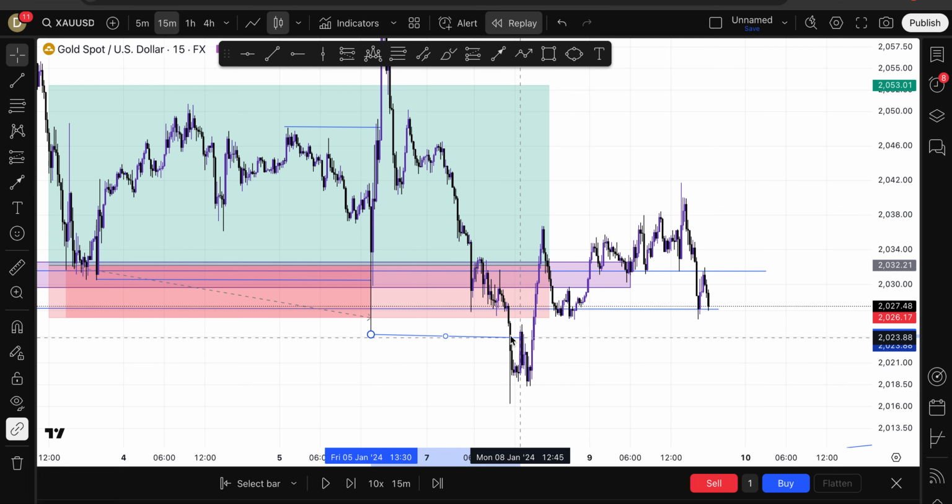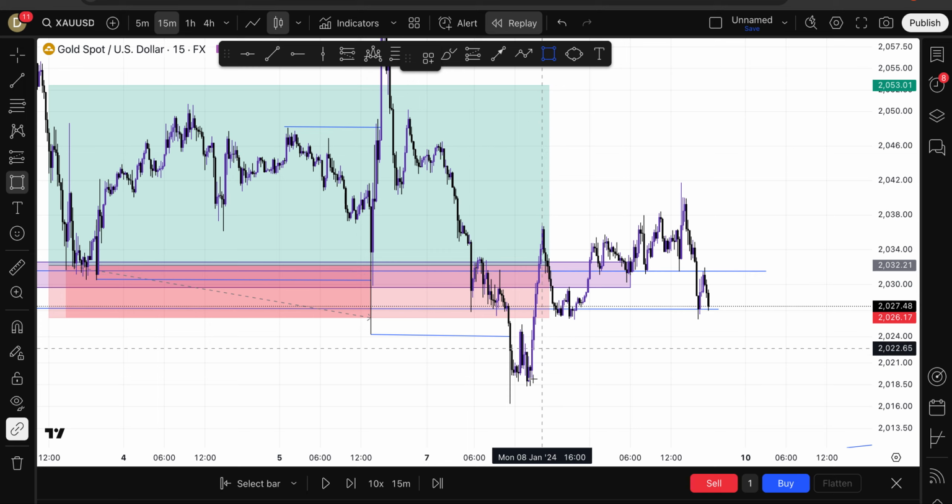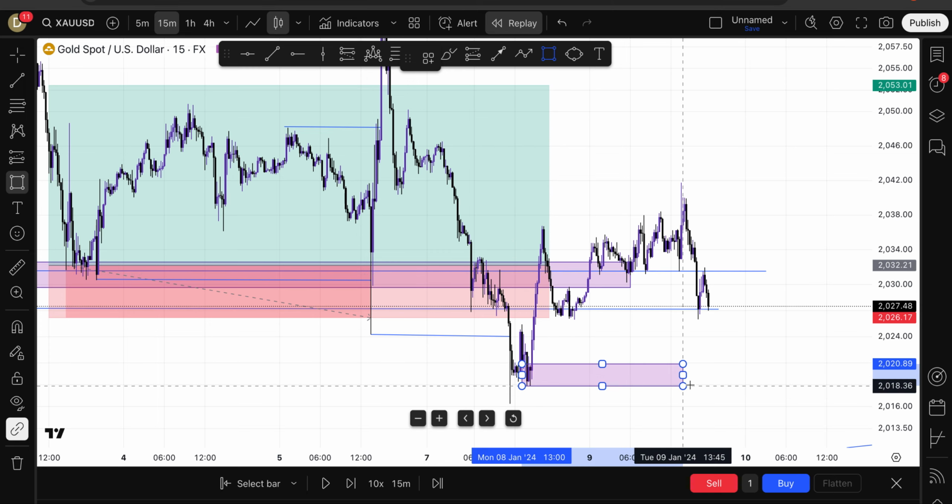This should be our liquidity sweep. This is our order block.